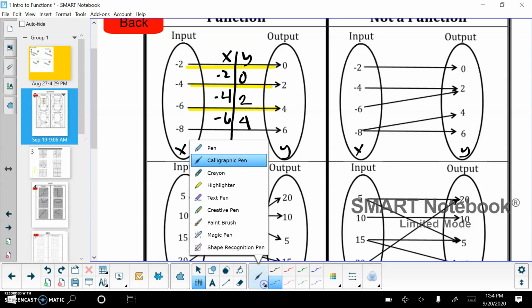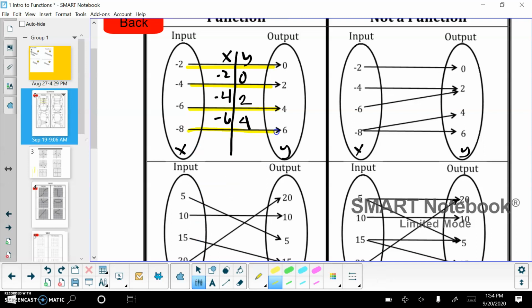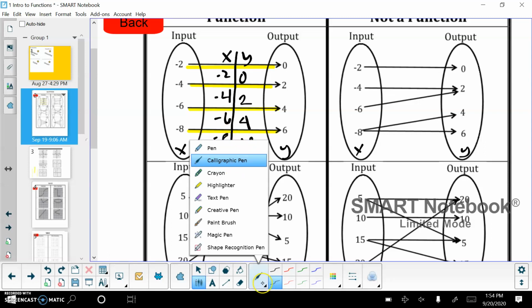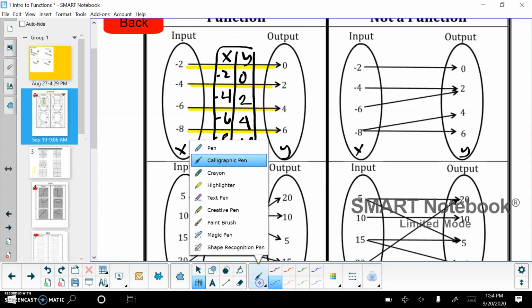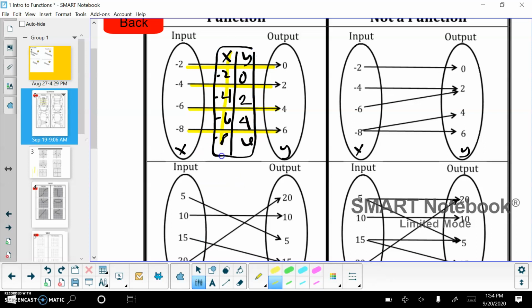And then on the last one, I just have one arrow coming out, and so that means that the -8 goes to the 6. And when you write it up in a table so that you can see the connections between the two, then you can definitely see that there's no repeats in this X column.